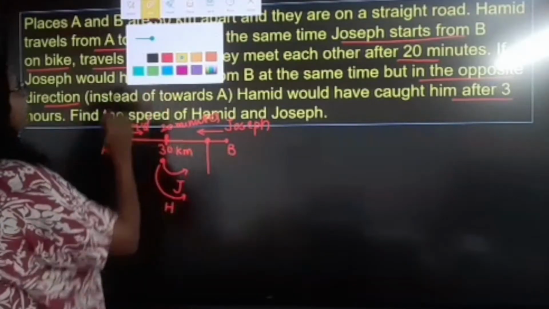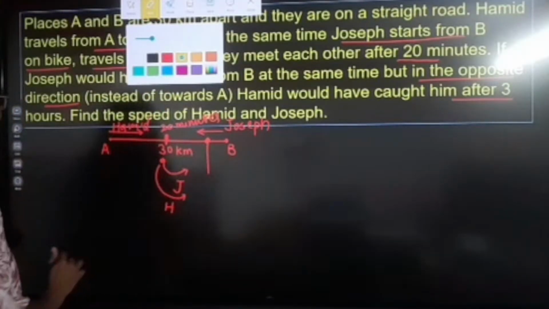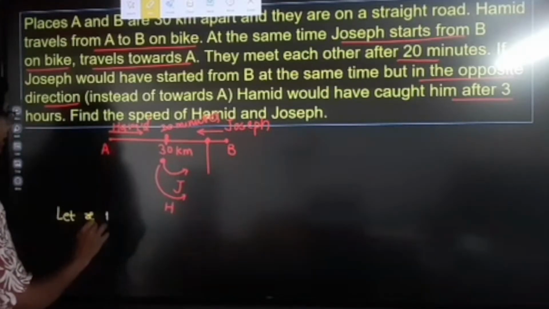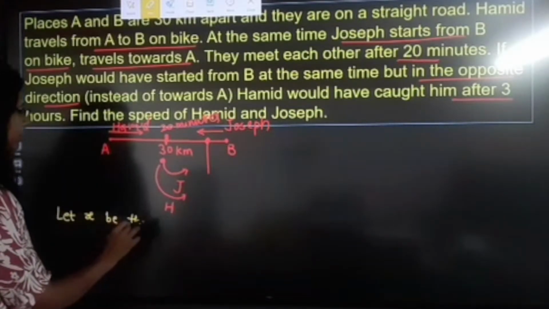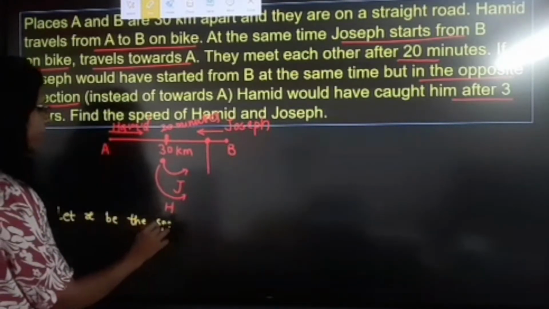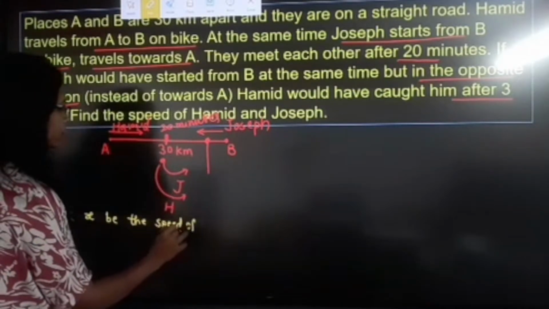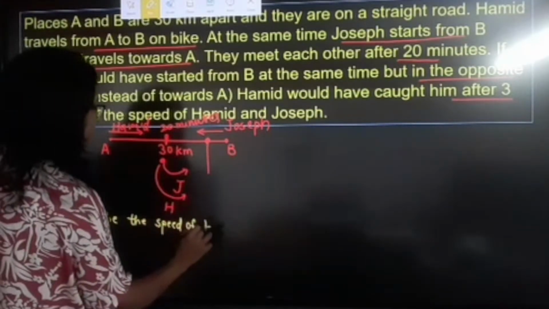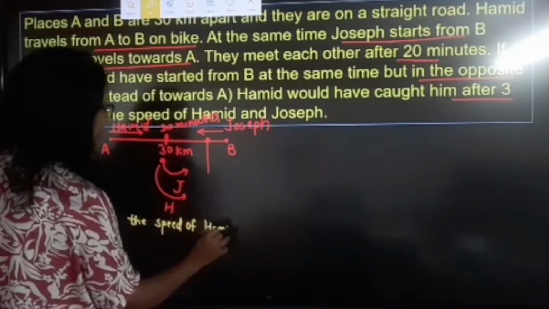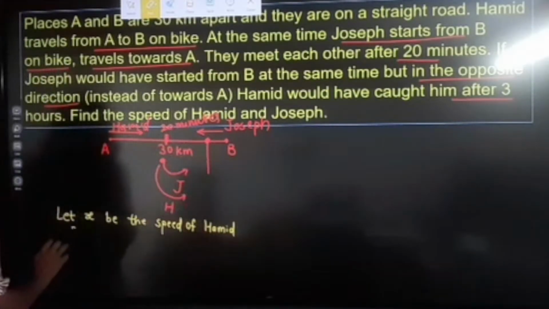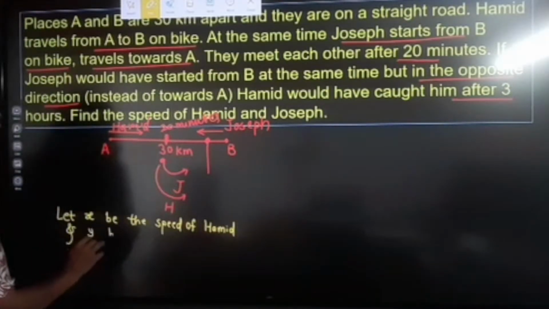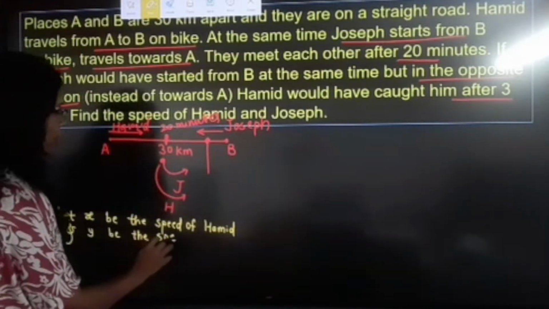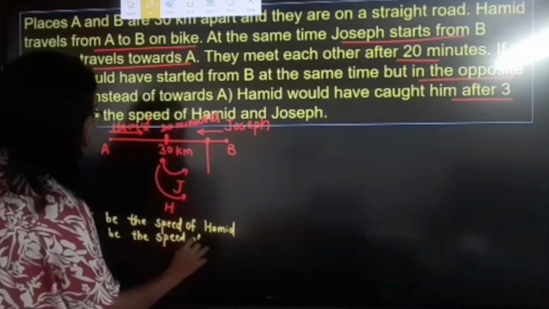So here first I write down that let x be the speed of Hamid and y be the speed of Joseph.